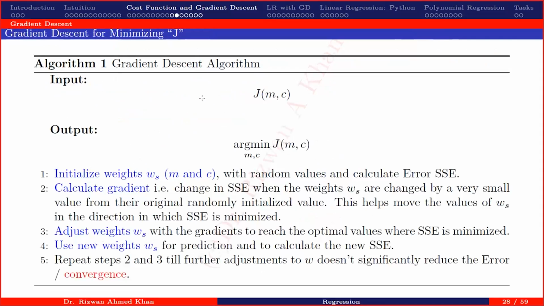So this is the algorithm given in kind of pseudocode for gradient descent. The input is the two parameters of the cost function, m and c, or theta 0 and theta 1, and the output would be values for m and c that minimize this cost function.